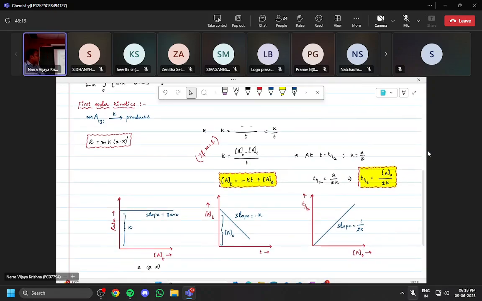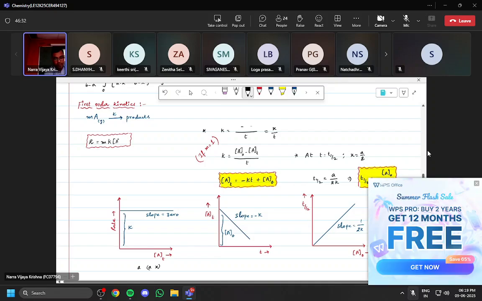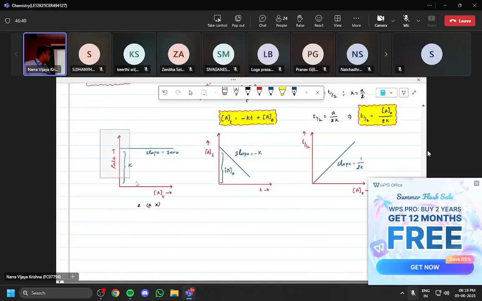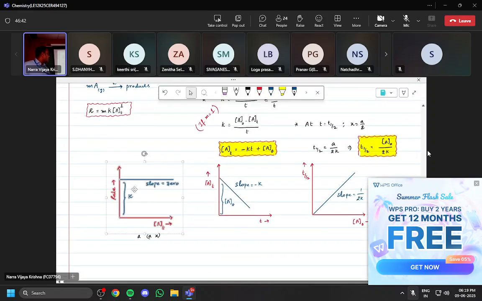So observe the first graph. What is that first graph? Rate versus concentration graph. Correct? So instead of a minus x, can I write At power 1? So r is equal to m into k into At power 1. So what is the rate versus At graph? How does it look?